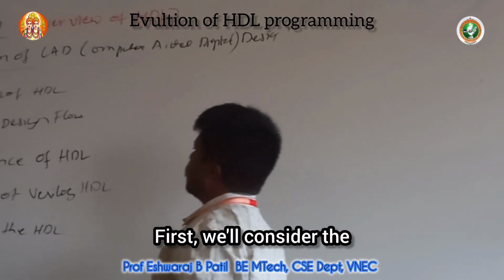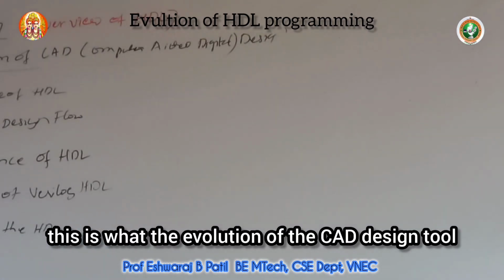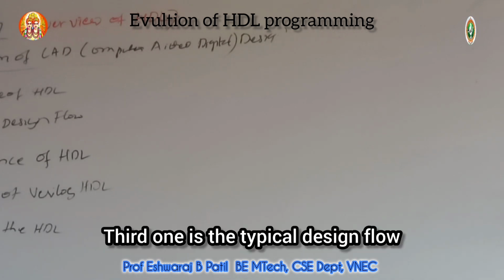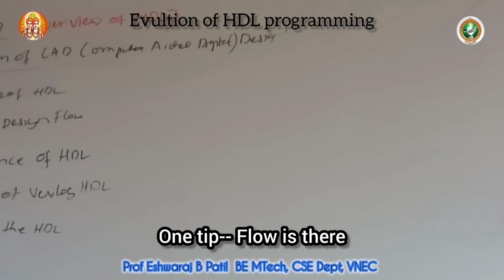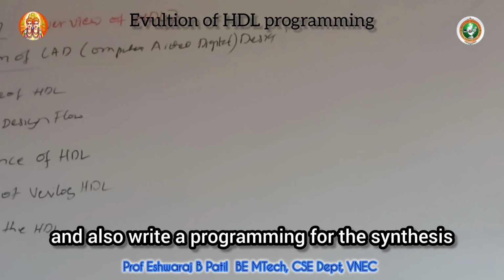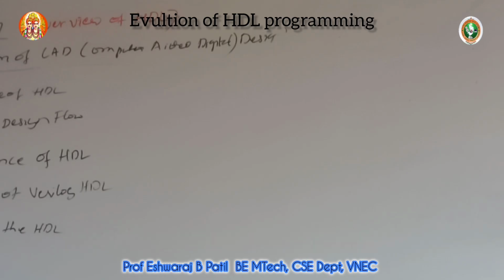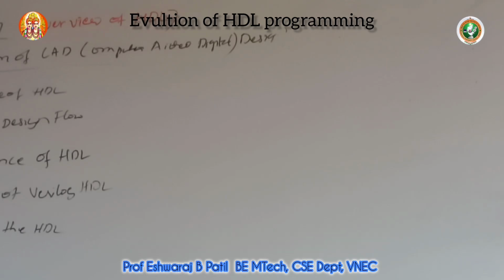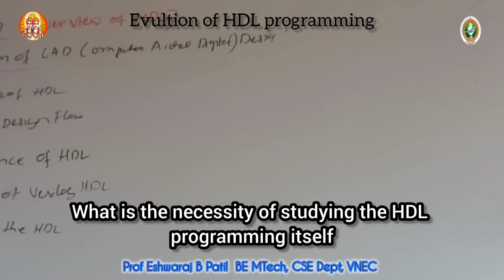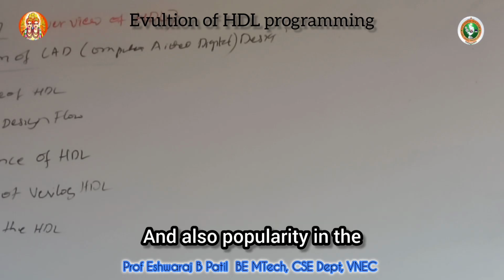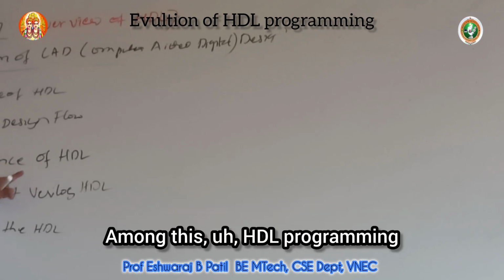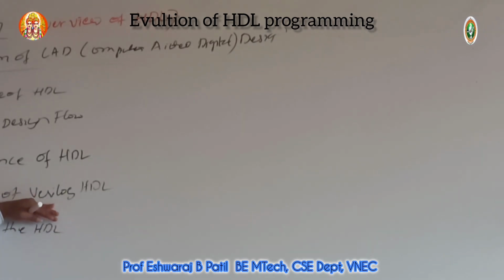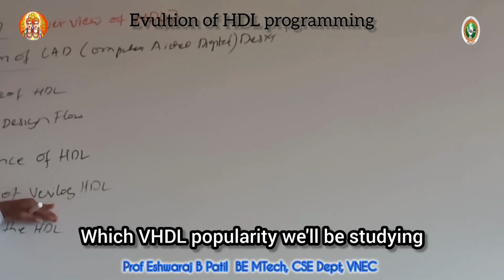First we'll consider the evolution of the CAD design tool and also emergence of HDL. Third one is the typical design flow: how to design and also write a program for the synthesis of the complete HDL design. Then the importance of HDL, the necessity of studying HDL programming itself, and the popularity of VHDL, why it became popular.